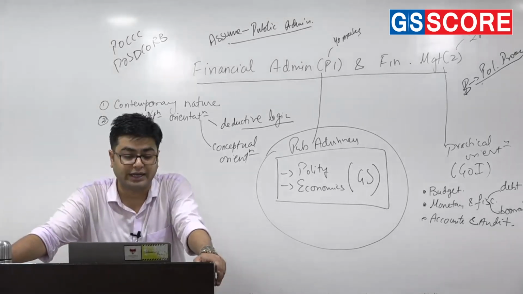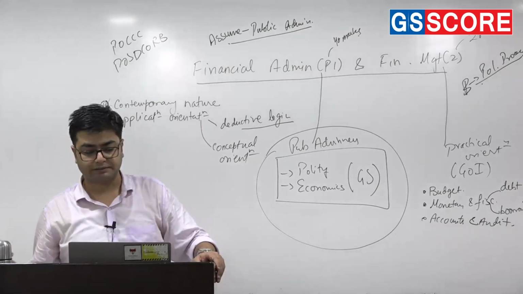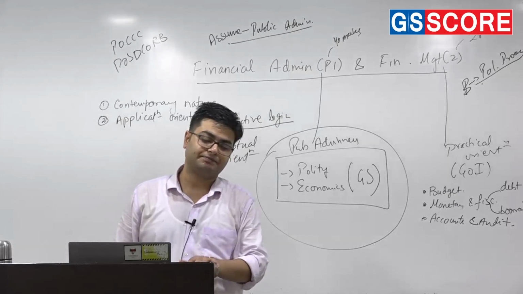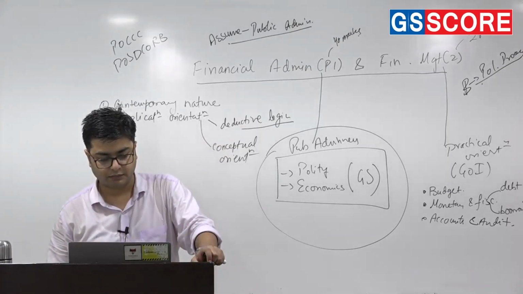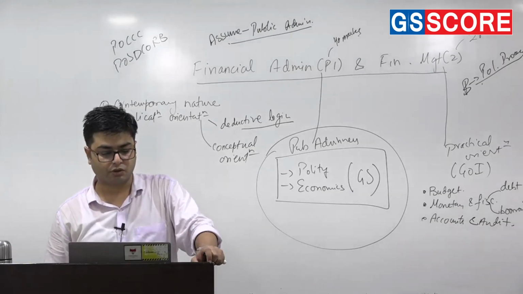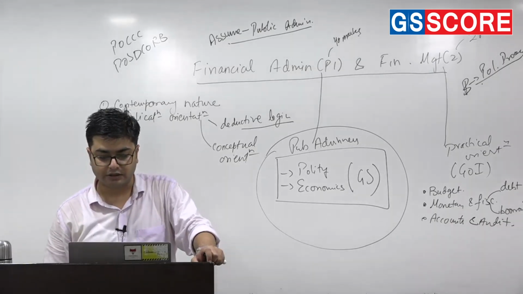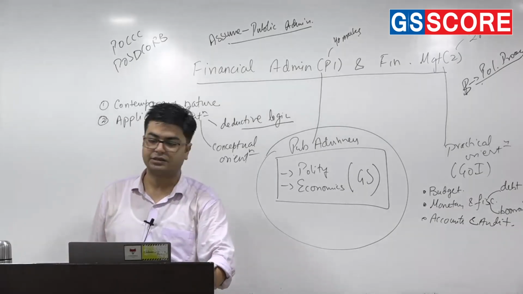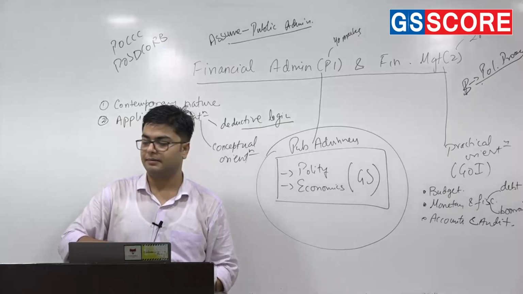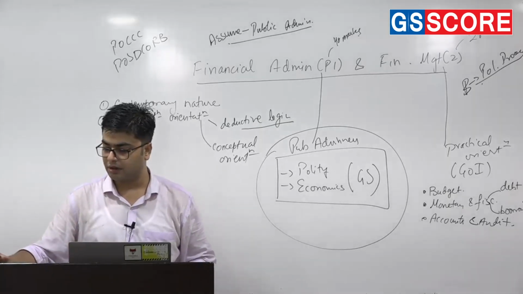Again, the political context of budgeting, monetary and fiscal policy, critically evaluate. Okay. So I hope through this you have understood what are the areas that are being frequently touched upon by this unit. Okay.